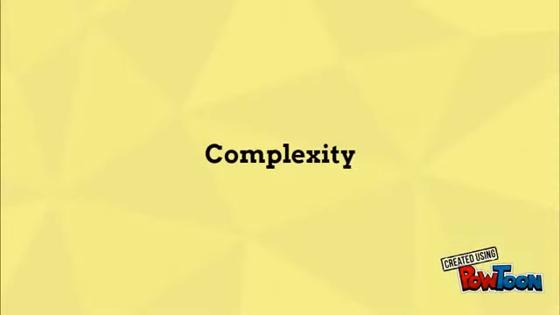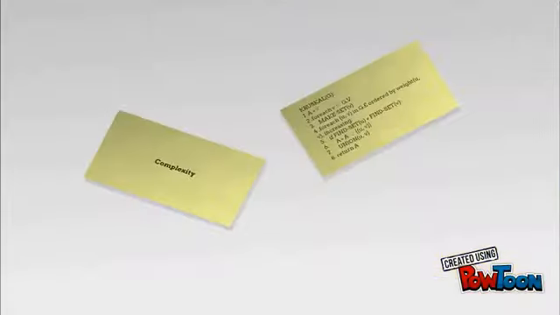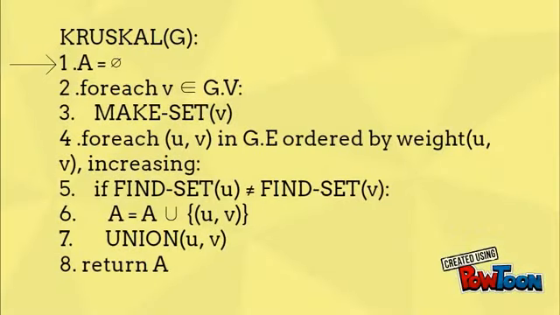Now we will be discussing the complexity for Kruskal's algorithm. In the first step, we create an empty set that will have cost 1, hence its complexity is O of 1.